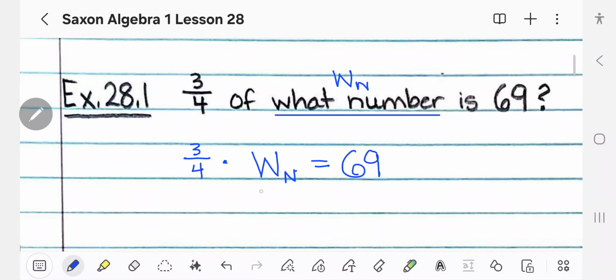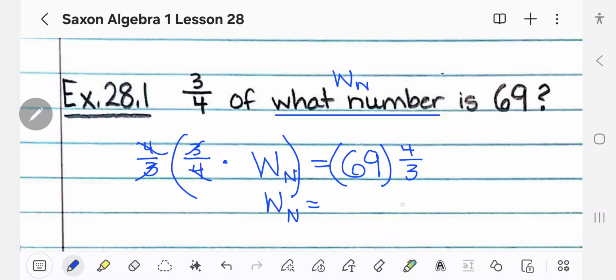We're multiplying by 3/4, and we really want to get rid of this because we want just our variable on that side. To get rid of it, we could divide by it, or we could multiply both sides by its reciprocal. Often that's an easier way of doing it because look what happens. It's going to cancel. What number is, and then we're going to do 69 over 1, so it's a fraction, and 4/3.